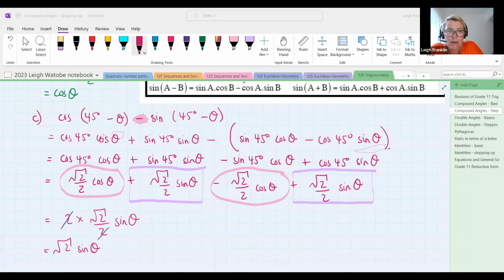I do not understand how we got root 2 over 2, because when I use the special triangles, I get a different answer. Okay. When you are working with the triangles, you will not get root 2 over 2. You get 1 over root 2, don't you? Yes, ma'am. But 1 over root 2 is exactly the same as root 2 over 2.